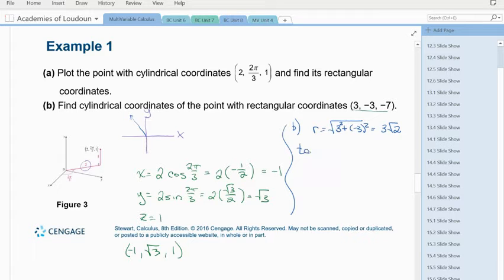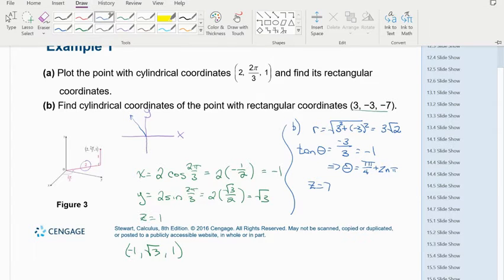We know that tangent theta will be y over x, so negative 3 over 3, which is equal to negative 1. And that gives us theta is equal to 7 pi over 4 plus 2n pi. And then we have that z equals 7.